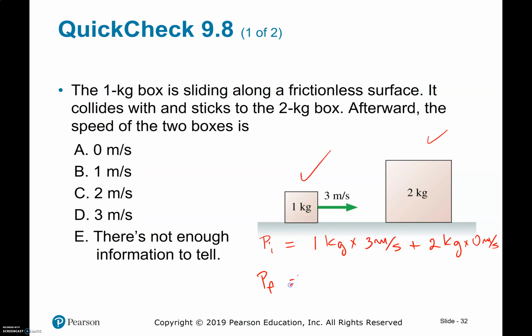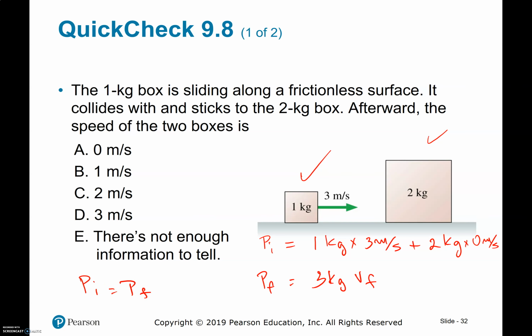At the end, we have just one object, right? That object is 3 kilograms, and it has a final velocity. So now we can write these two equations. We can write that P initial is equal to P final, right?